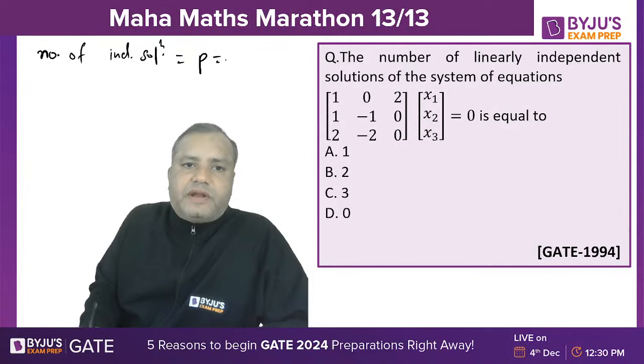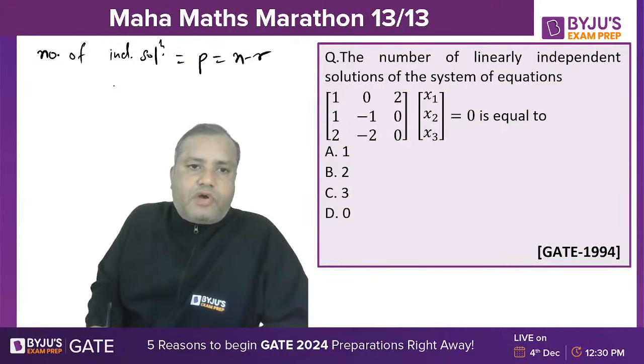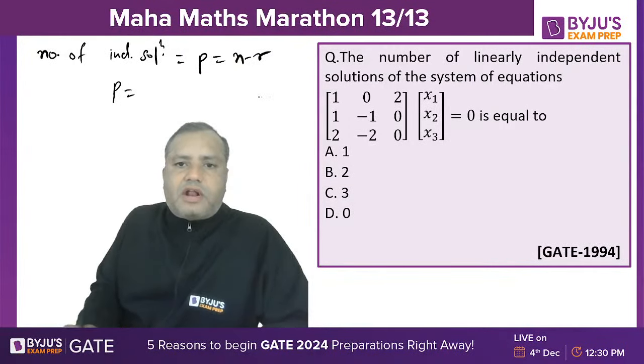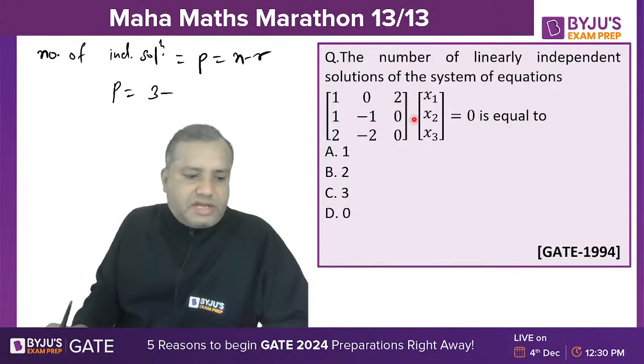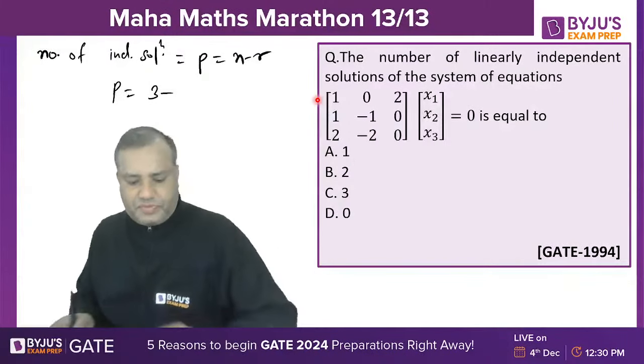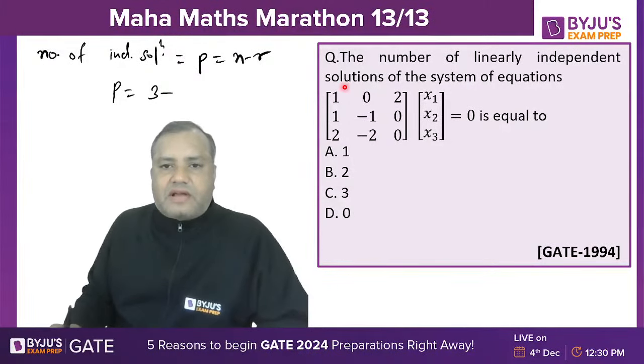The number of linearly independent solutions is denoted by P, and this is nothing but n minus r. What is this P? Number of independent solutions. What is this n? Order of this matrix, which is 3. What is this r? r is the rank of this matrix.